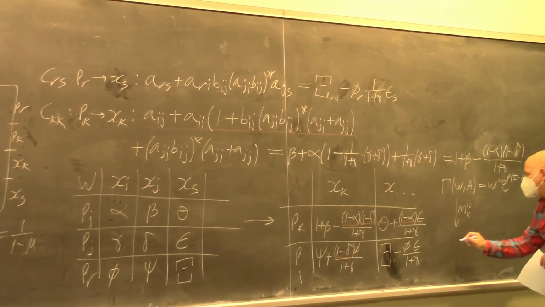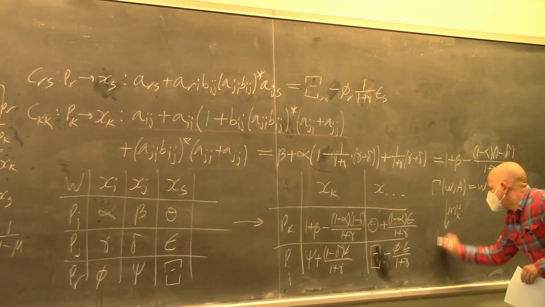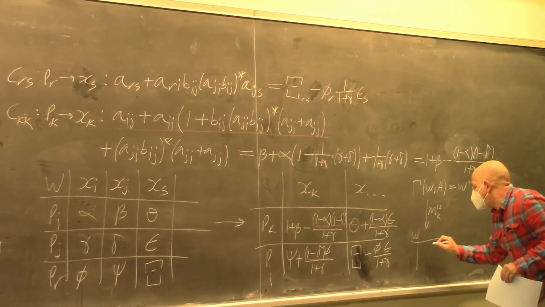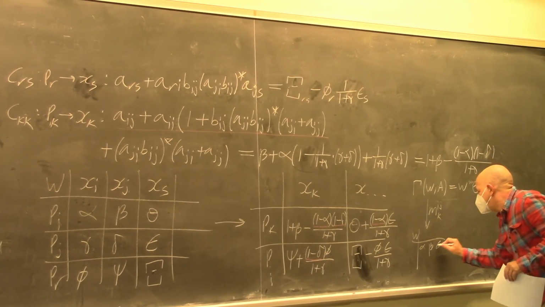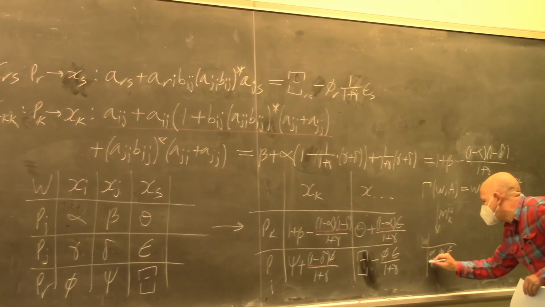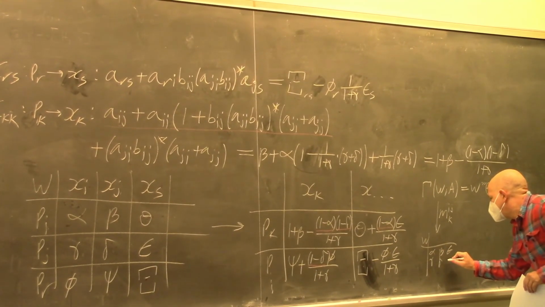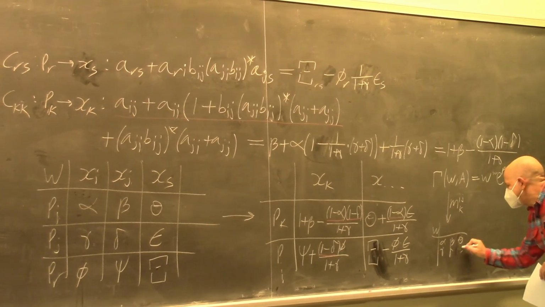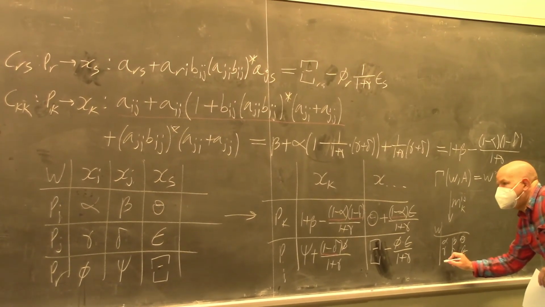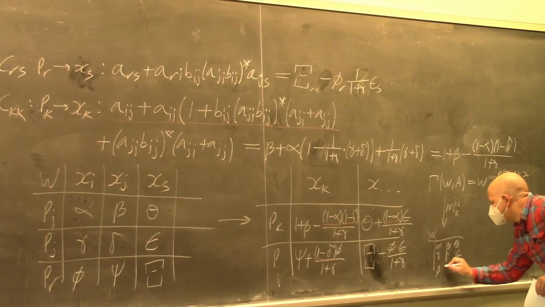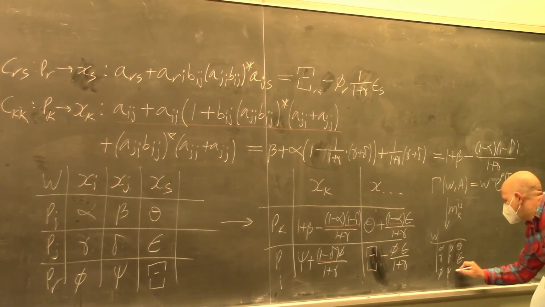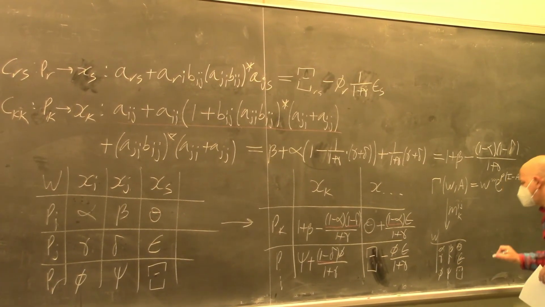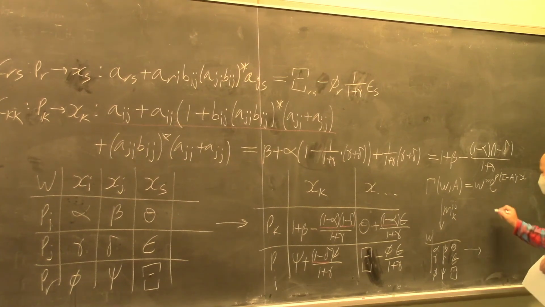So it's also an operation of the form omega, alpha, beta, epsilon, gamma, delta, theta. No, sorry, first theta, then epsilon, and then phi, psi, goes to some matrix.